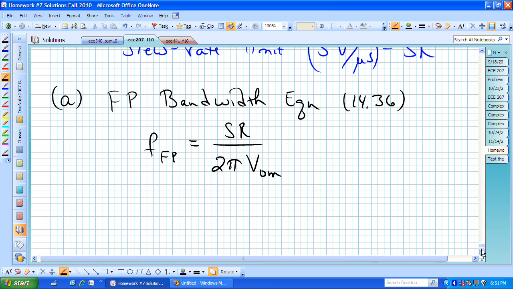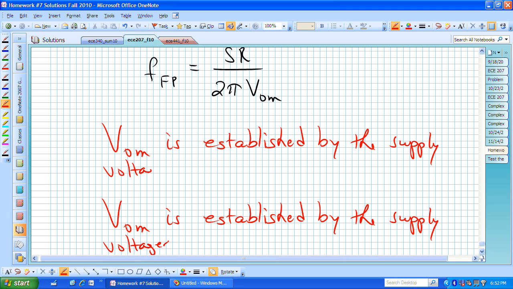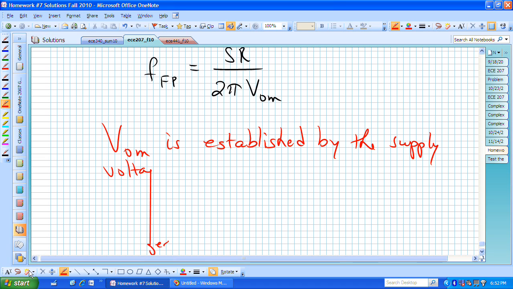In this particular problem, V sub 0 m is given to us, or it's established by our supply voltages. Let me try to clean that up a little bit.